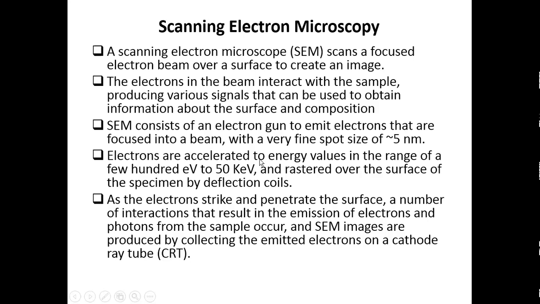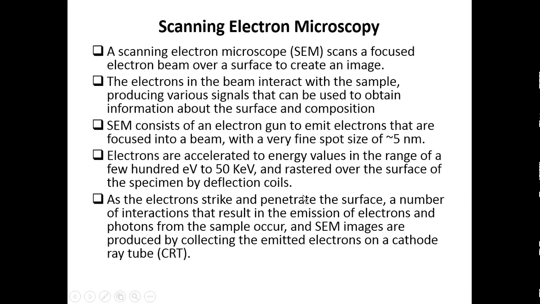Electrons are accelerated to energy values in the range of a few hundred electron volts to 50 kilo electron volts. Say, from 500 electron volts to 50 kilo electron volts. Actually, these electrons are accelerated with the help of an accelerating voltage to energy values in the range of 500 electron volts to 50 keV, and are rastered over the surface of the specimen by deflection coils.